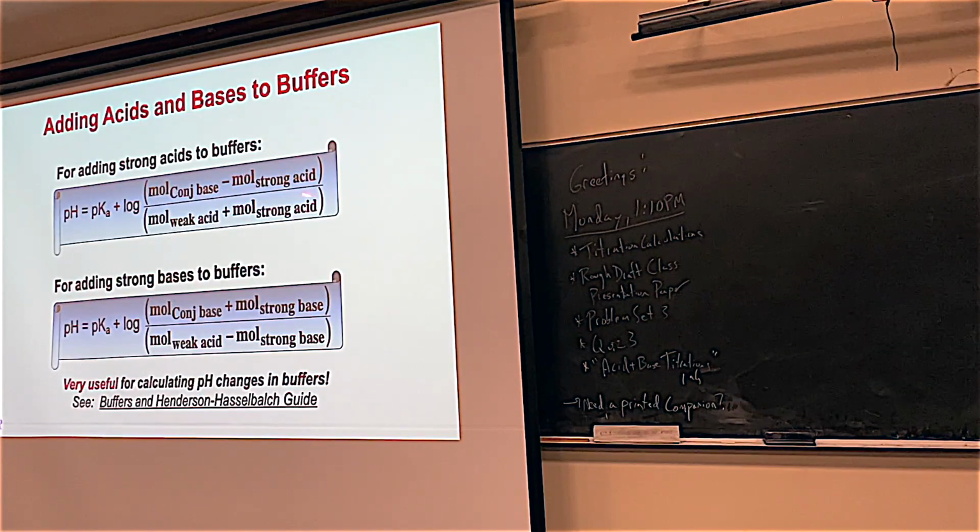And it's the same number, the same moles of strong acid will add to the weak acid as well as taking out the weak base. If it's a strong base, it's the opposite. The base attacks the weak acid, so it goes down, but as much as the acid decreases, the conjugate base increases. So that's the only kind of thing, and it is really helpful as we'll talk about.